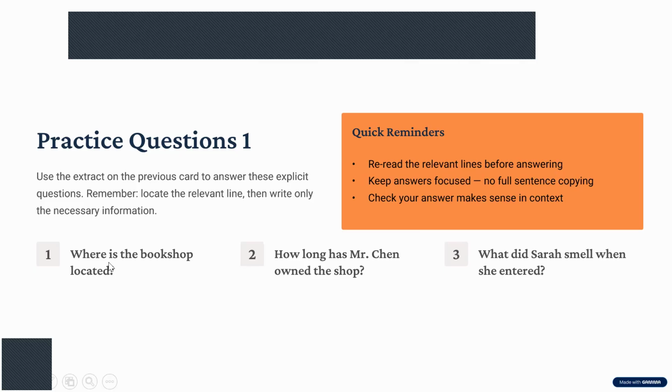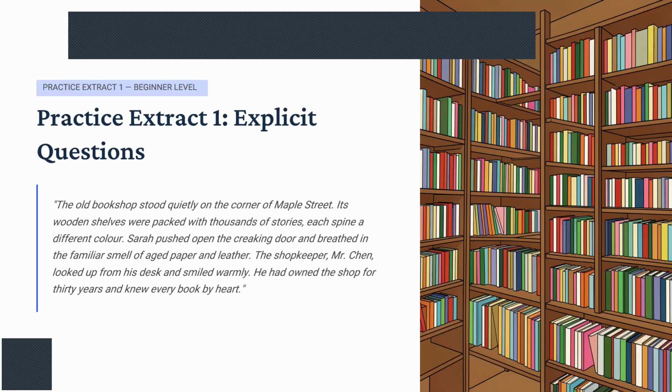Now let's do. Where is the bookshop located? So we are asked about the location of this bookshop. Let's go back to the passage. The old bookshop stood quietly on the corner of Maple Street. Now see, there are certain indications that actually speak about the location or the situation of any particular place or a person.